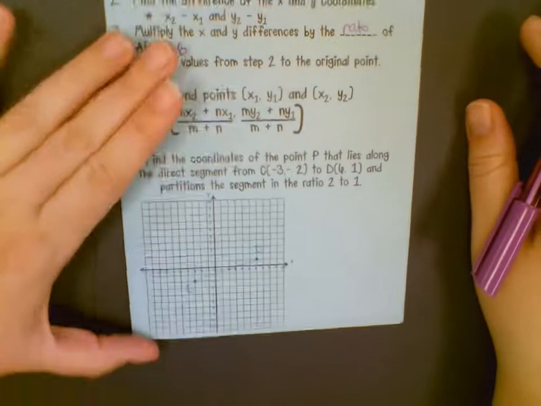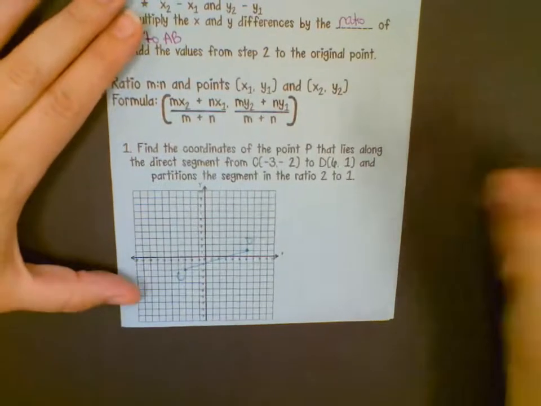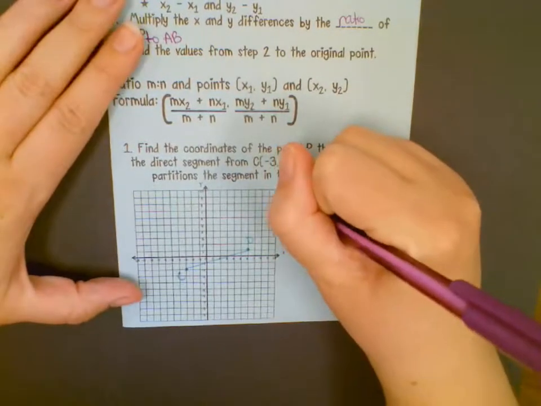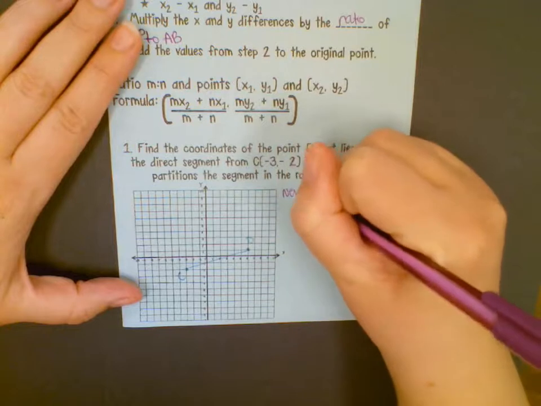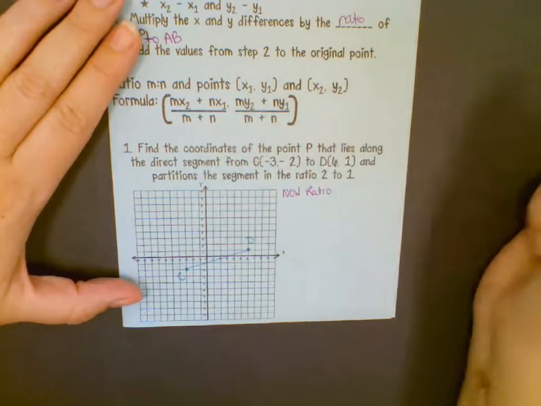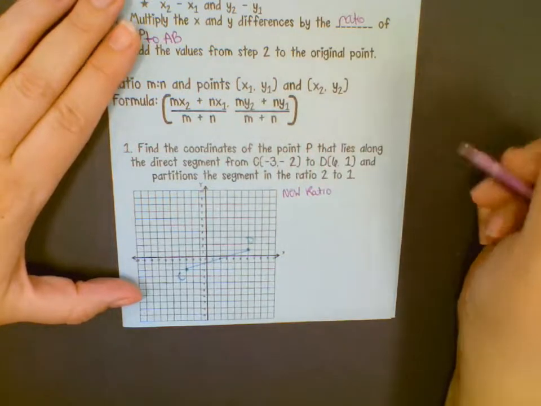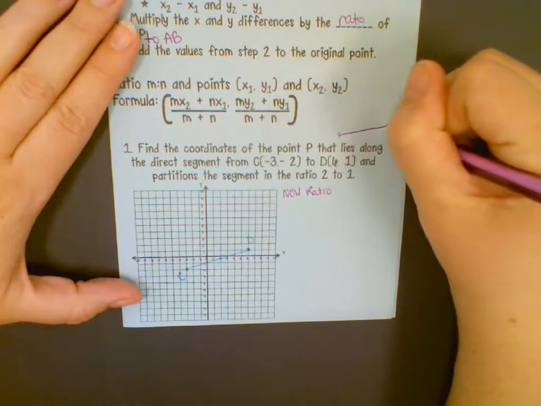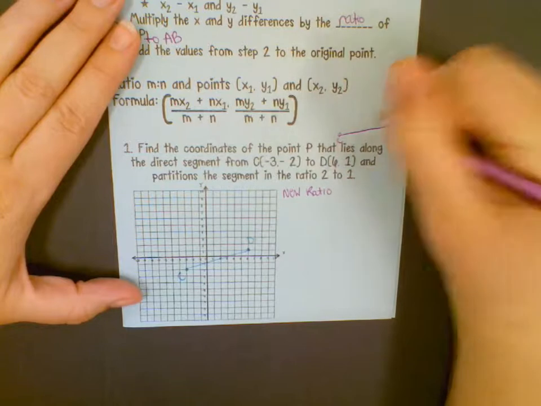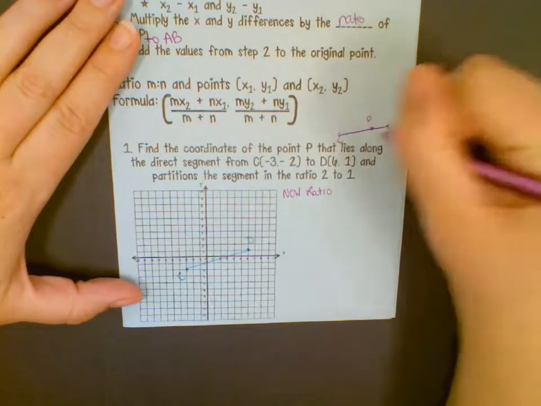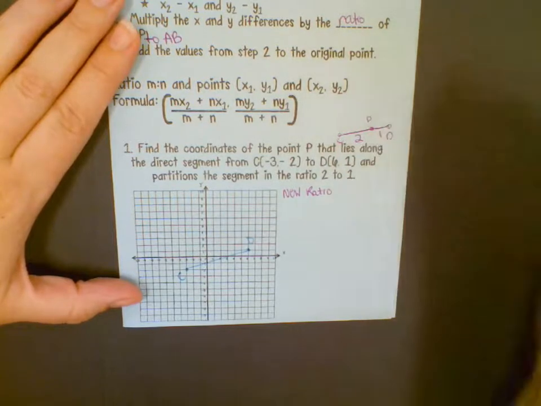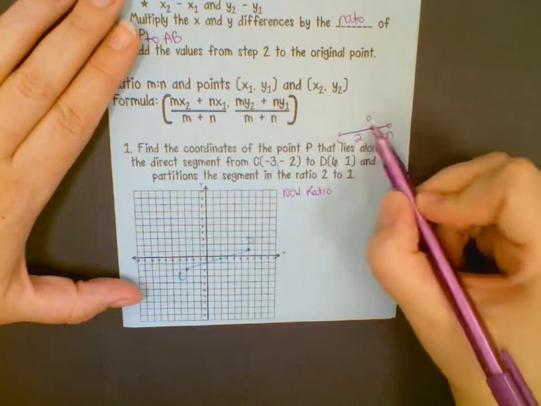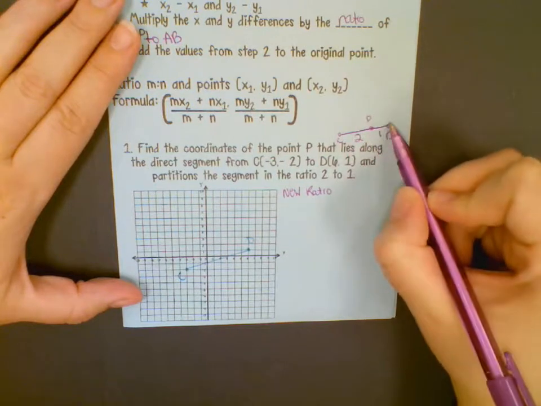Okay, so what we're going to do first is we're going to find our new ratio. So remember, we want it as the whole thing. So right now we have, this is C and D, and our point P is somewhere on there. This is 2 and 1. So this is 2, and then the whole thing would be worth 3.